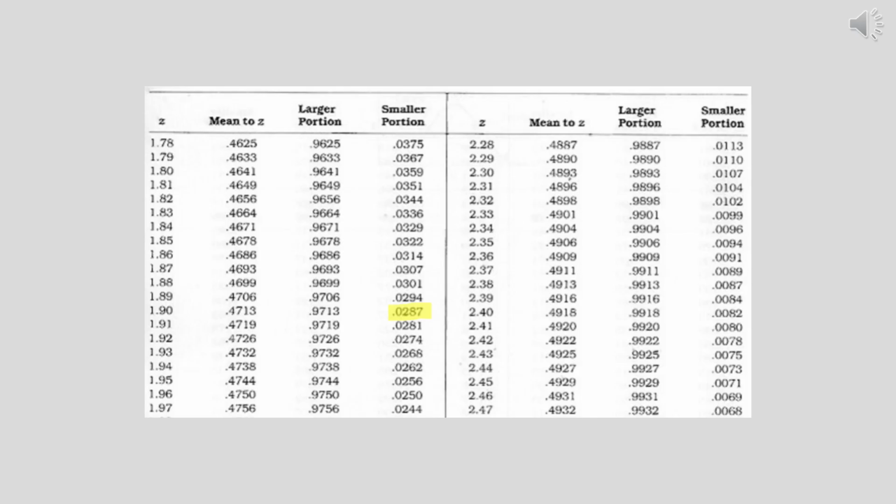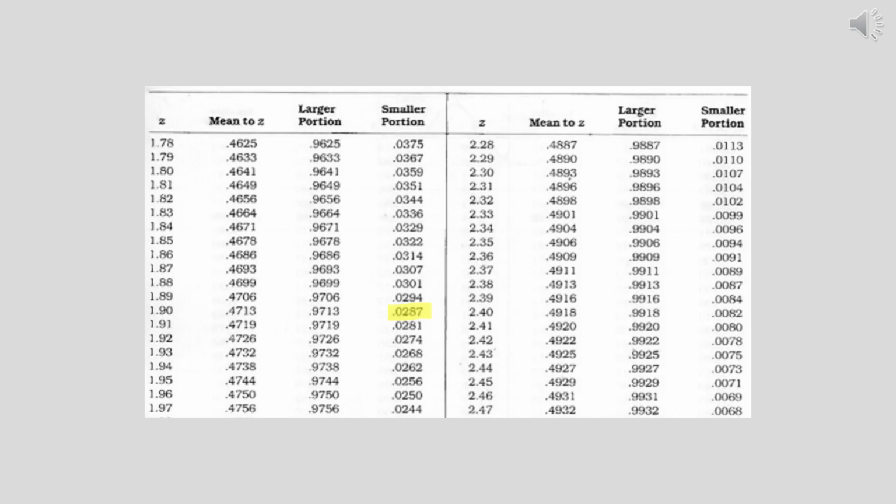So we look at the smaller portion because we're interested in basically the top 5% of the distribution, since alpha is 0.05. And we find a probability of observing a z-score at 1.90 or higher. The probability associated with that is 0.0287.